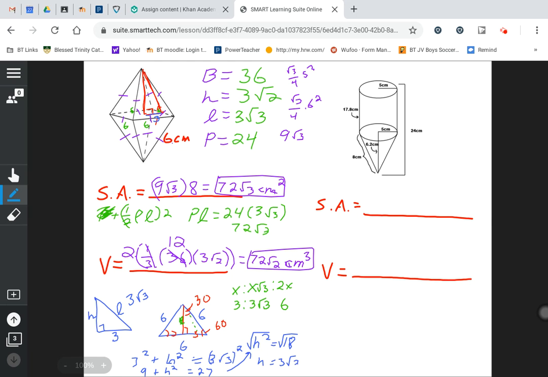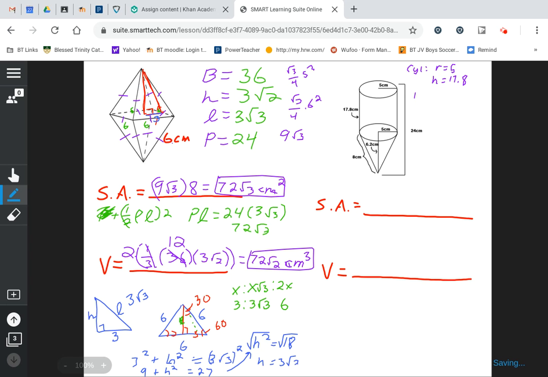So given this, a couple things we need. Since they are cylinders and cones, we need certain things. For my cylinder, we need the radius, which is 5, and the height, which in this case is 17.8.